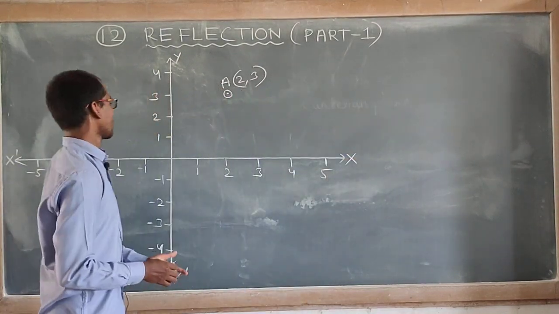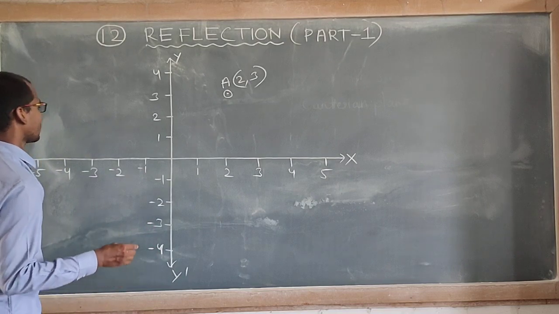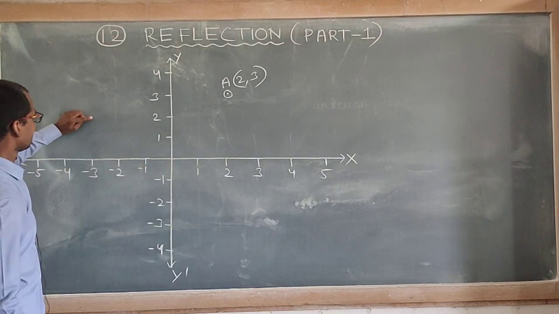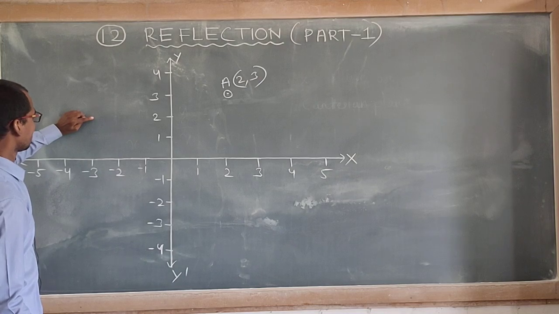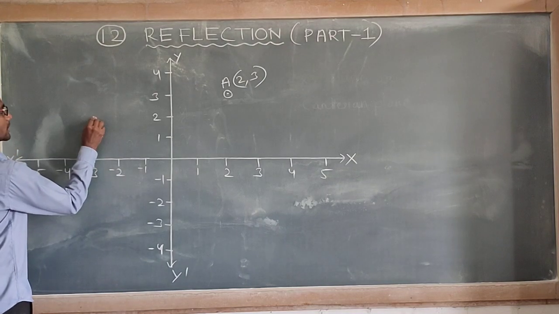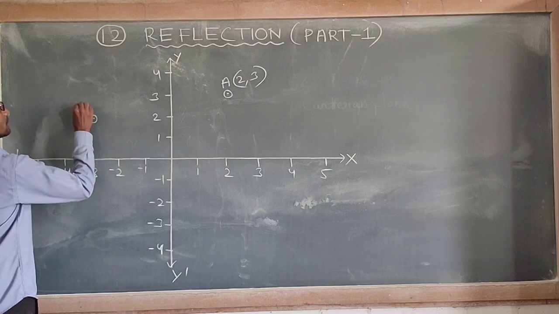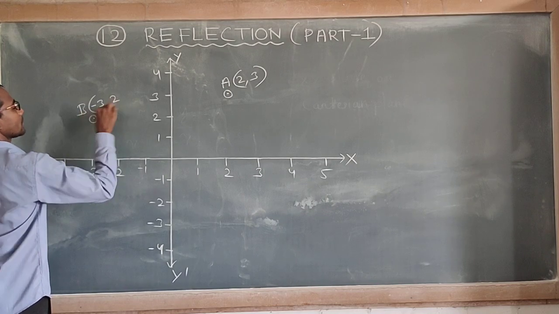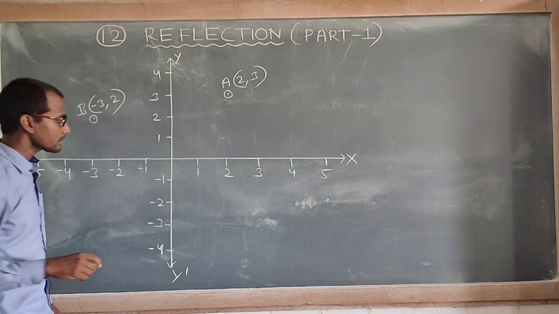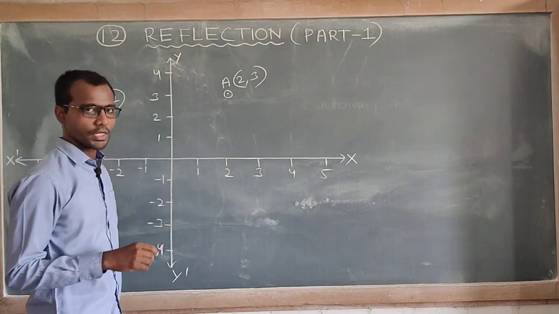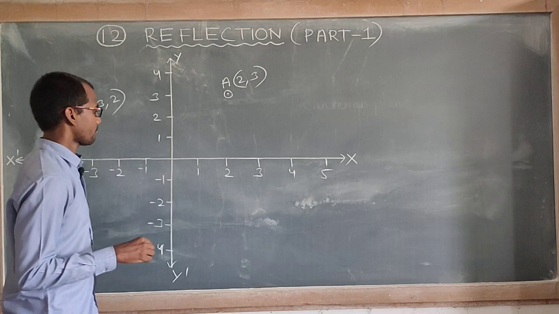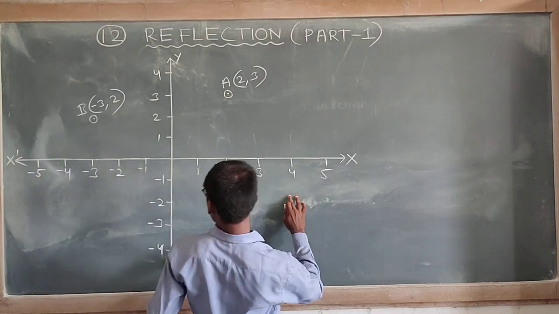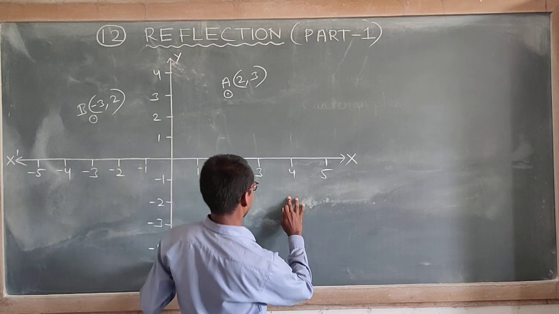Let us plot one more point, whose coordinates are (-3, 2). So (-3, 2) means here. Suppose this point is D. Let us plot a point whose coordinates are (4, -2).